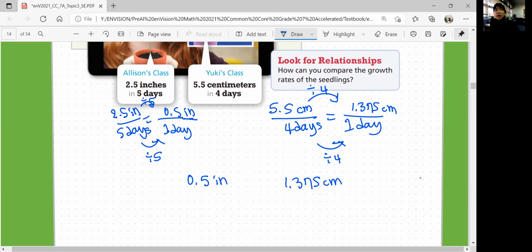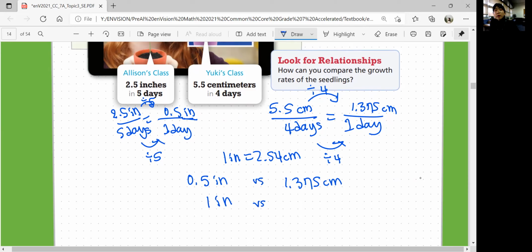How can we change centimeters to inches or inches to centimeters, right? We know that 1 inch is approximately 2.54 centimeters.